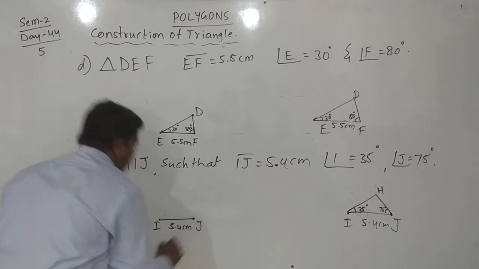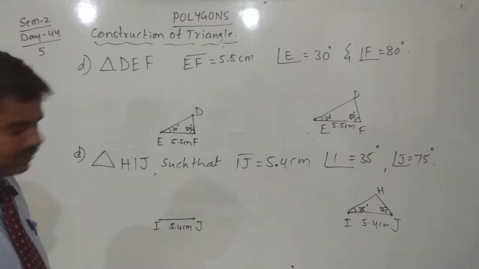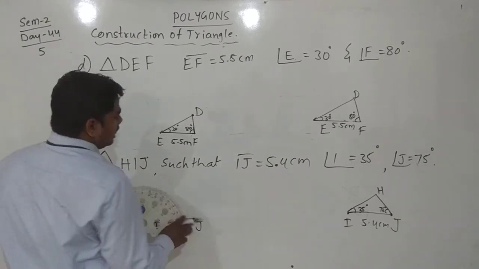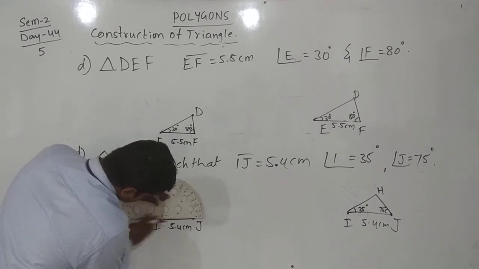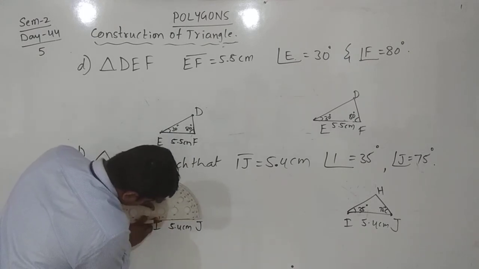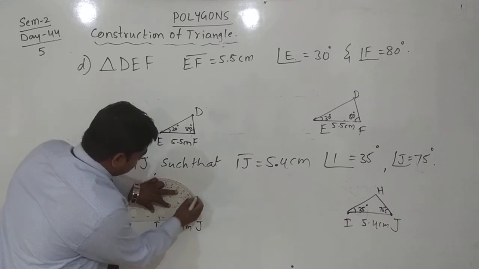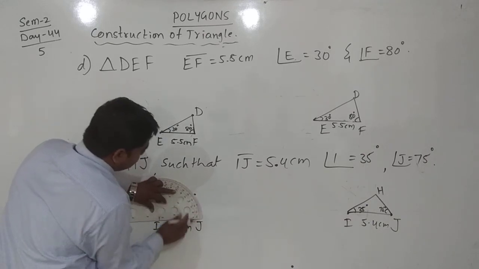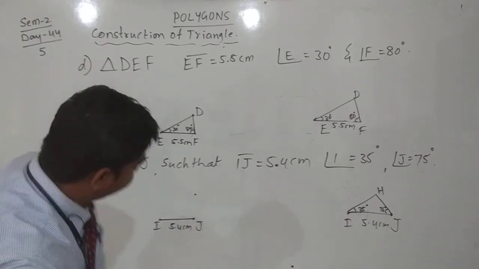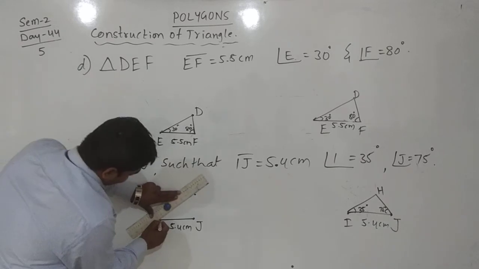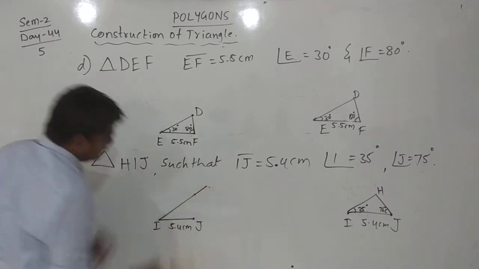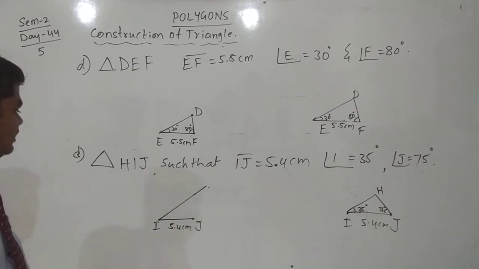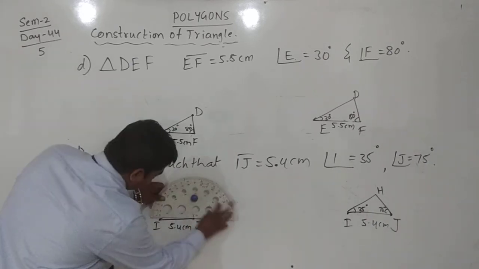5.4 centimeter. Now with the help of protractor, angle I is equal to 35 degree here. Then join this one first. Next, angle J is equal to 75 degree.